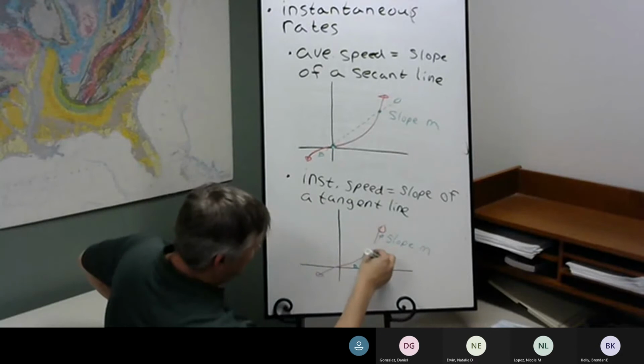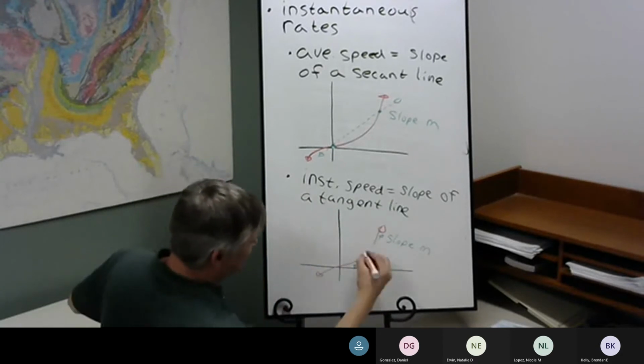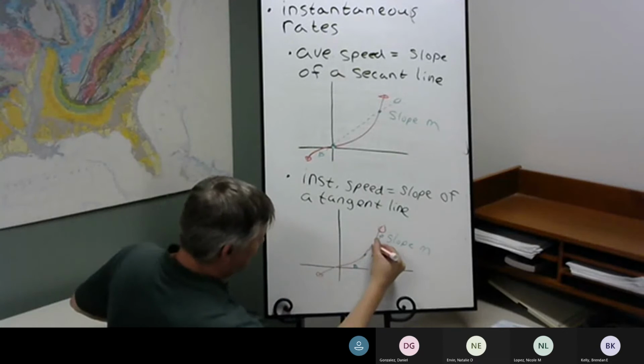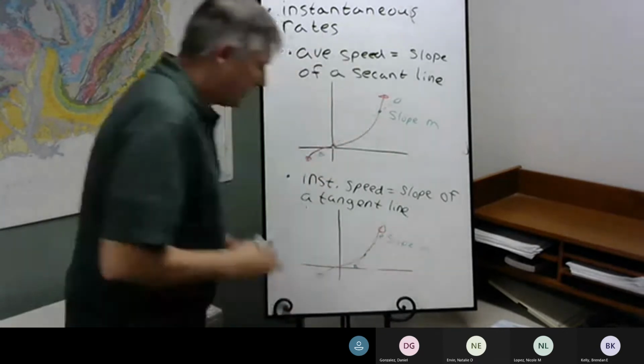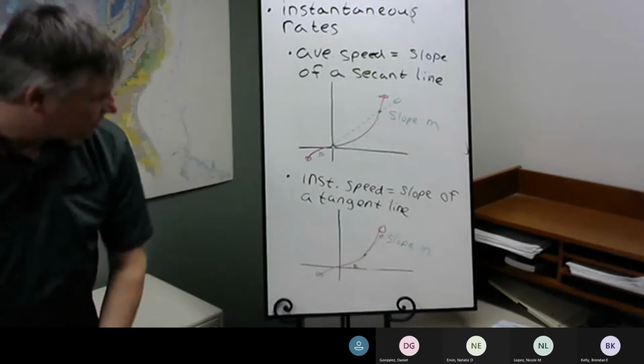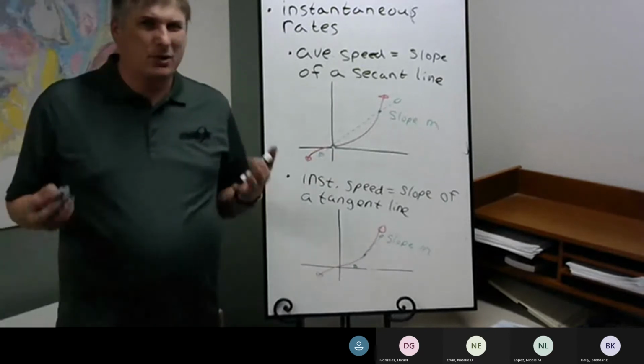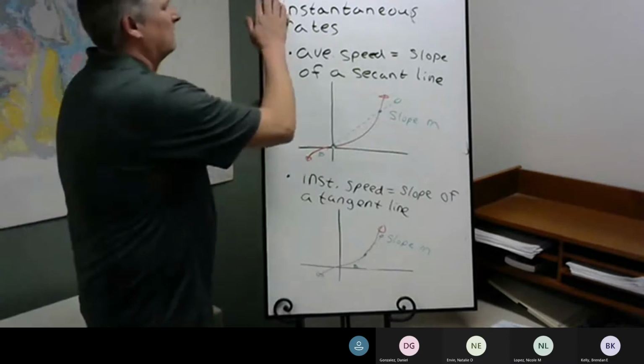Like this. So it contacts the curve at only one point. So how do we come up with this? Because to come up with a slope, we always need 2 points.